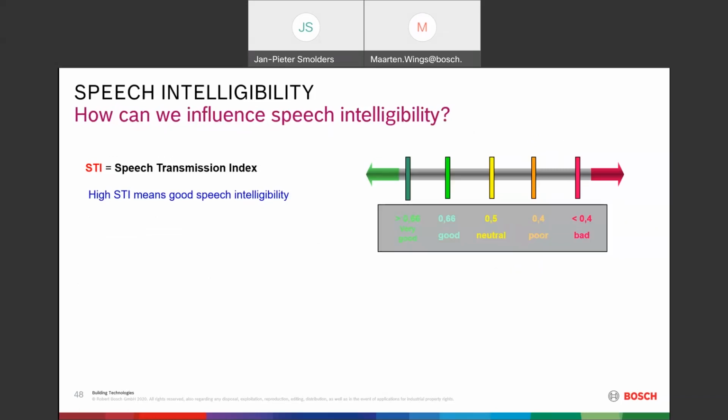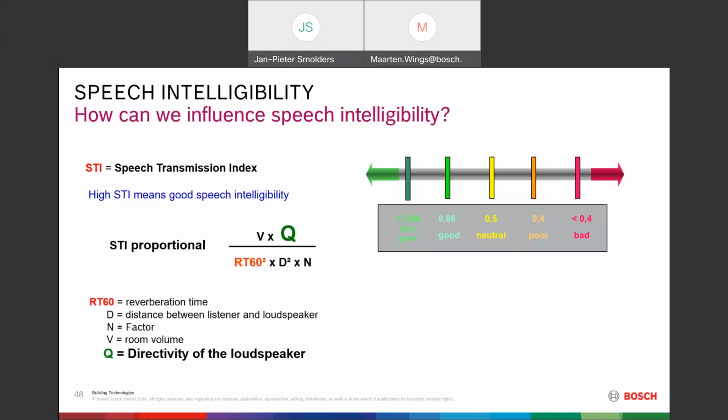Now, if you look at the STI, the higher the STI, the better your intelligibility is, like you see here on this graph. So theoretically, 1 is the best. Now, if you look at this equation, you also see the directivity Q, and again the RT60.